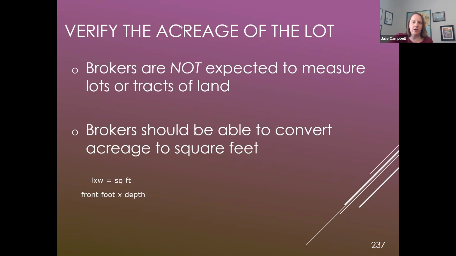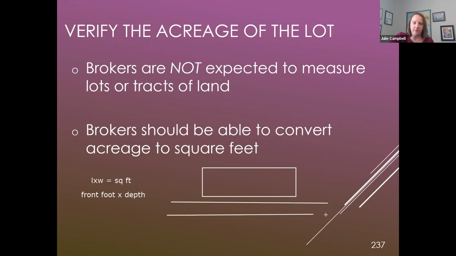You have a tract of land and there's a road that runs in front of it. The front foot of the property is the area that runs parallel to the road.